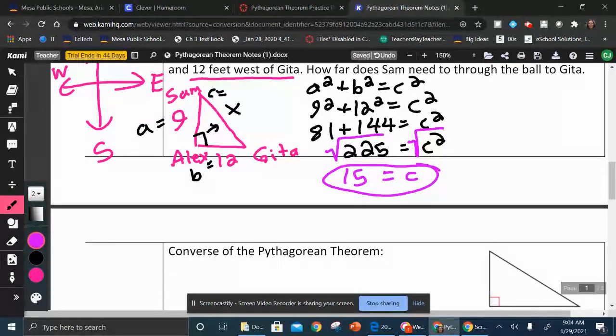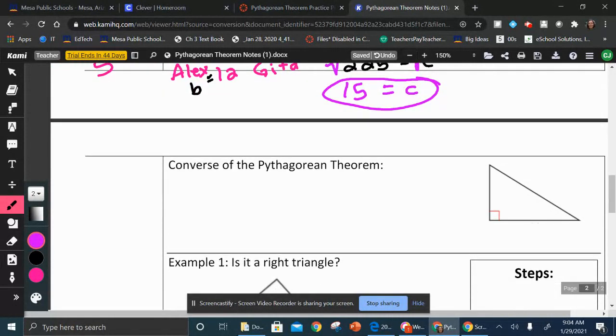Okay, so the converse, everybody, it just says we flip them. So if the sum of the squares of the legs is equal to the square of the hypotenuse, so a squared plus b squared is equal to c squared, then it's a right triangle.